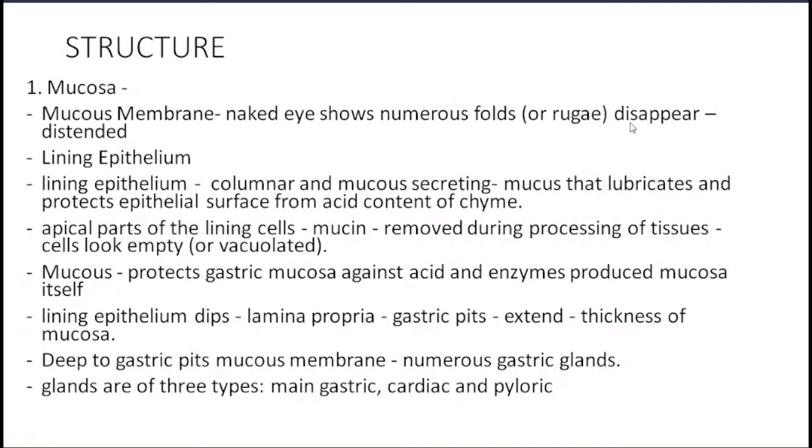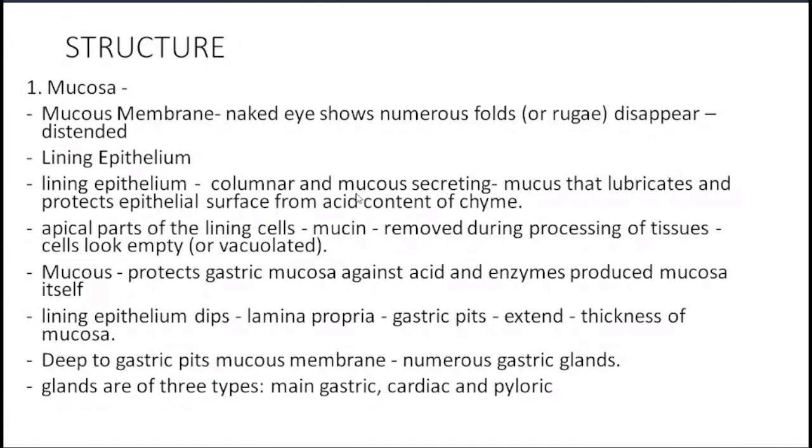The lining epithelium is columnar epithelium, and in between you will get mucus secreting cells. The apical part of the columnar cells is filled with mucin, and this mucin is washed out or removed during the processing of the tissue.